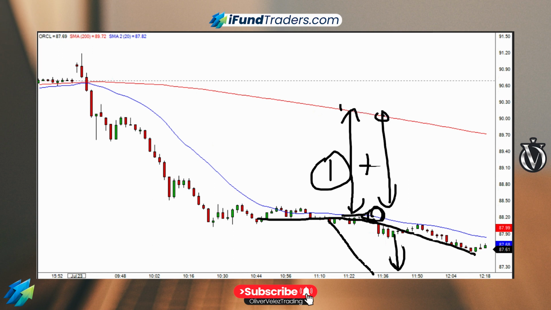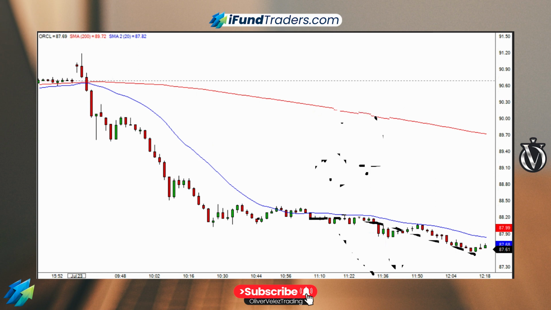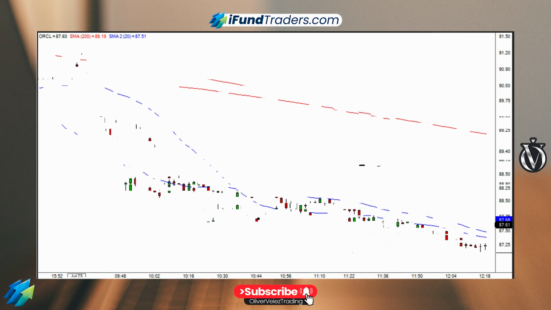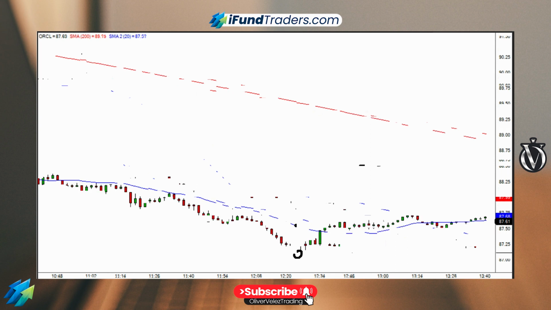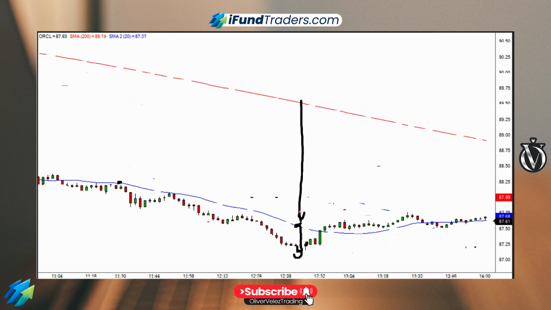You don't have the dual space there. Now we got somewhat of the dual space here, not a lot of it, but you got some where there was none here.